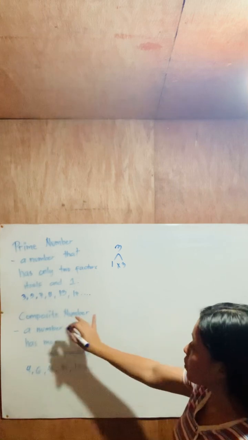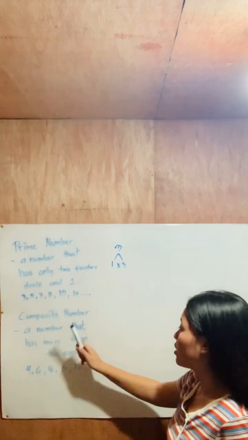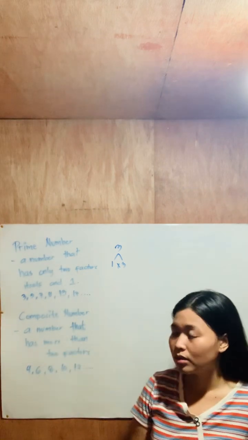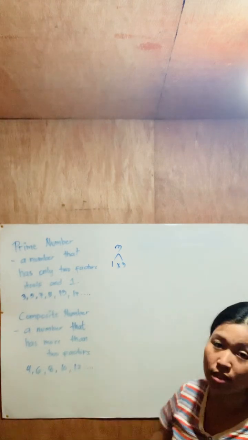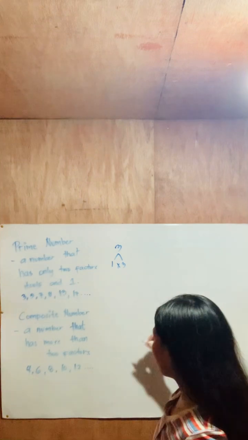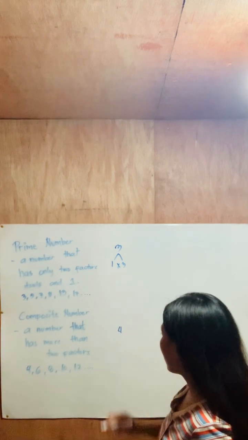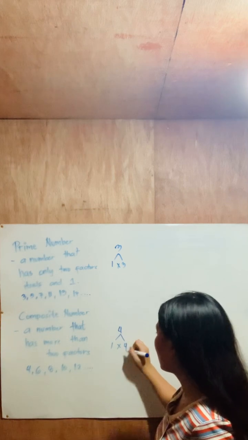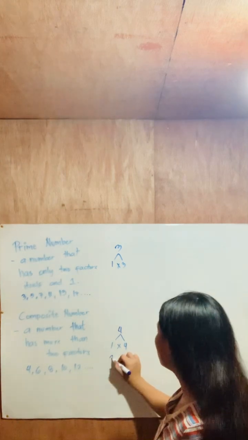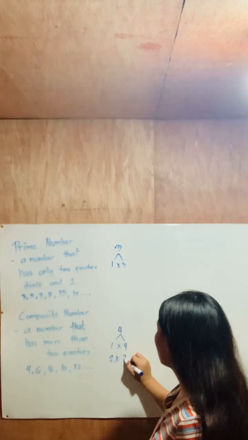For a composite number, it is a number that has more than 2 factors. The examples are 4, 6, 8, 10, and 12. For example, we have 4. We can break down 4 by 1 times 4, and also 2 times 2.